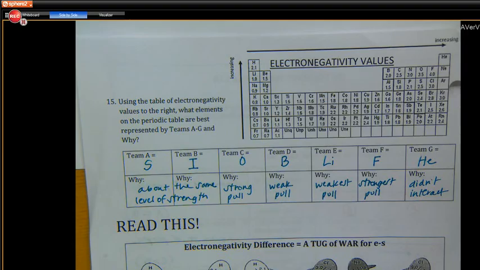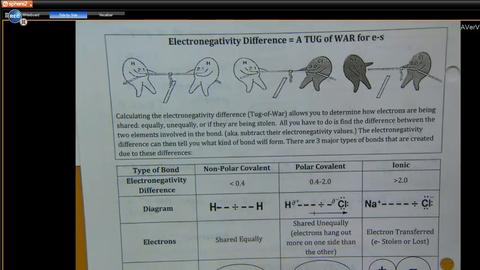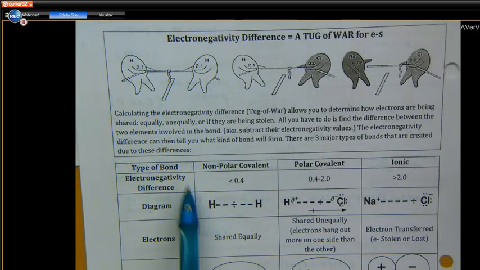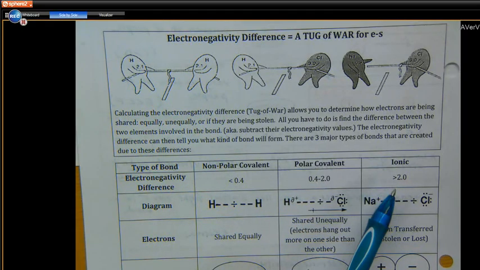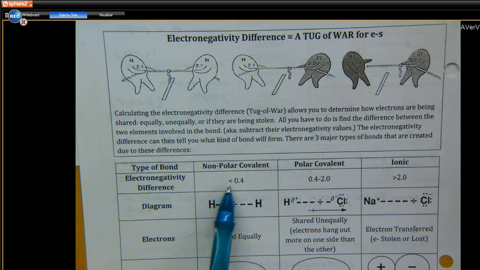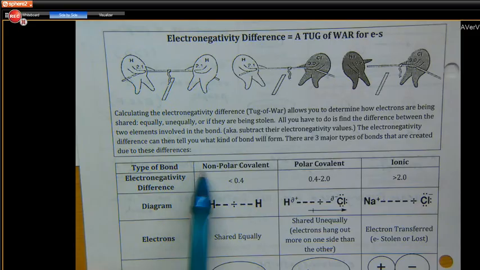If the difference is between 0.4 and 2.0, it is unequally shared. The electrons tend to hang out on one side more than the other. And if it is greater than 2.0, then the electrons are transferred. They're stolen or lost. That's more of an ionic bond, okay? Less than 0.4, 0.4 to 2, and then greater than 2.0.